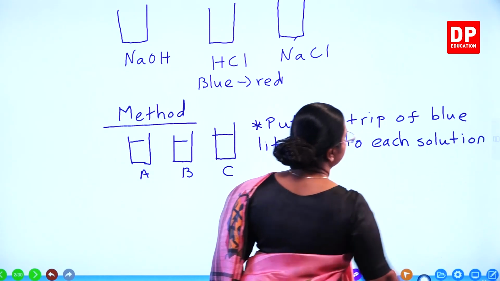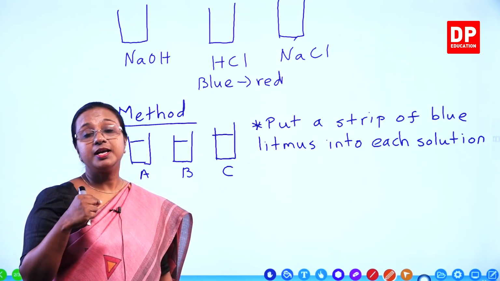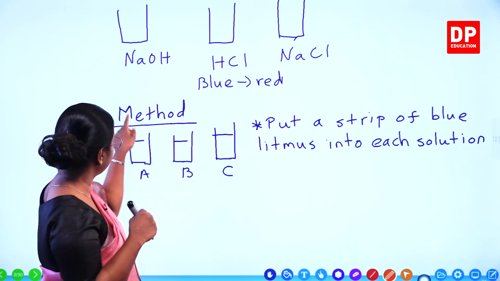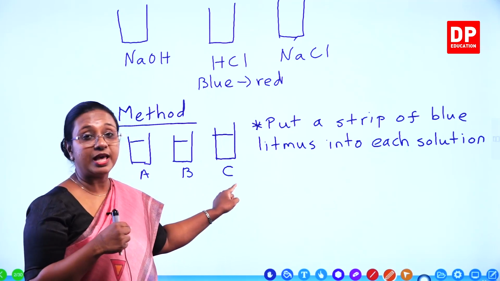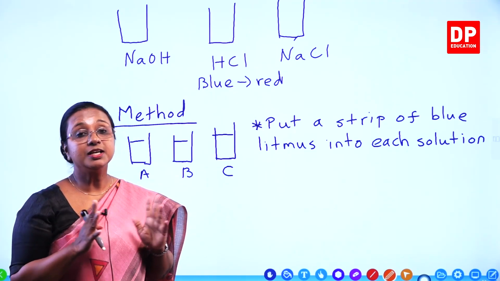Like we did before, you put a strip of blue litmus, one into this and one into that, and you observe the color change.